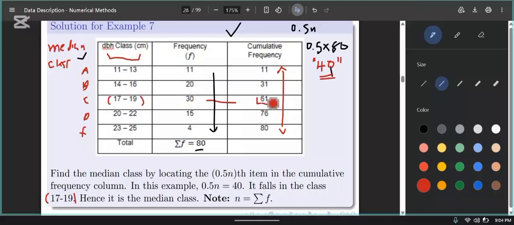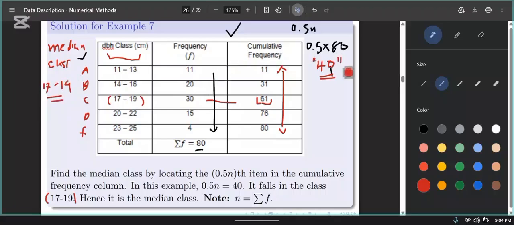So this 61 will help us locate the median class. It is in C. You see 61 is in C. So our median class is 17 to 19. Once you find the median class, that is when you can use that formula.